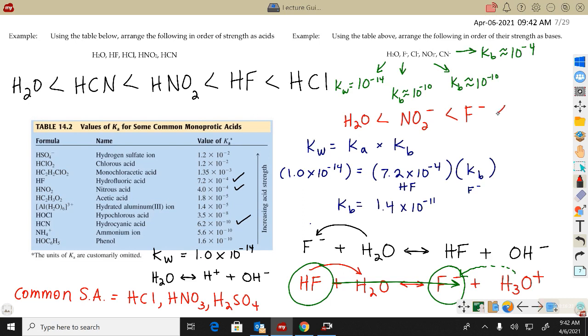And so far it looks like the strongest base would be, I'll put the cyanide in there. It's got the highest Kb. Okay, so that all seems fine, but where does the chlorine go then? Actually, the chlorine is the loser. The chlorine is the worst base ever. And so here's the deal.